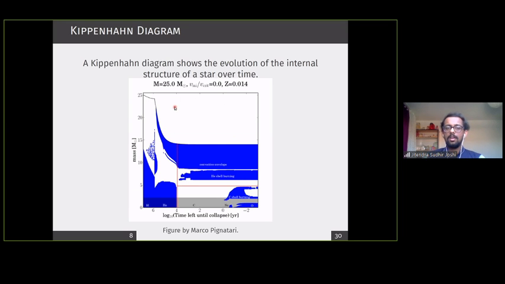The reason is stars also lose mass by various processes, but stars, especially high mass stars, lose mass. So as you can see, when the hydrogen burning stops, it has already lost some part of its mass, and in the helium shell burning, it loses a lot of mass.